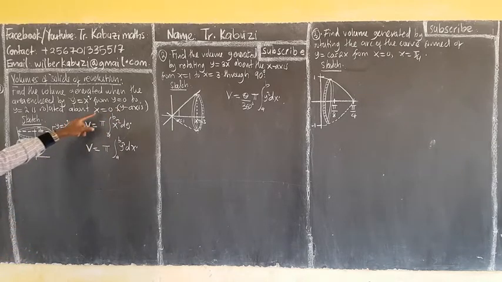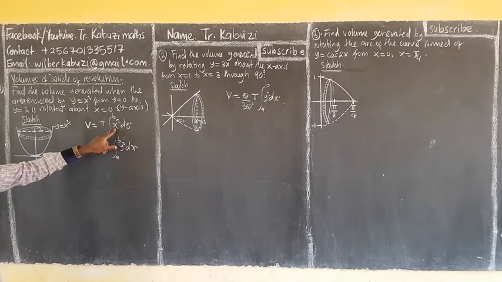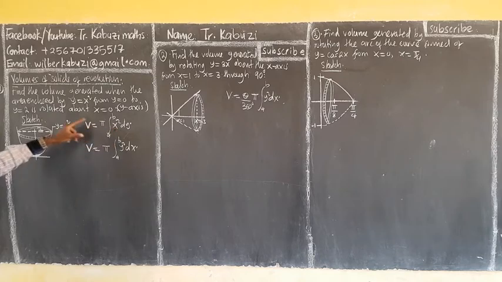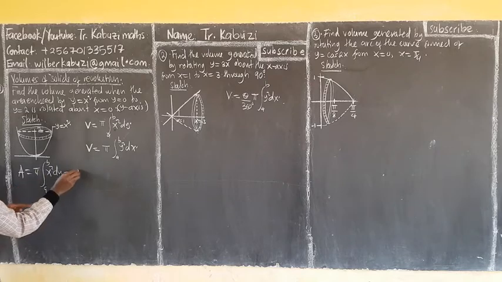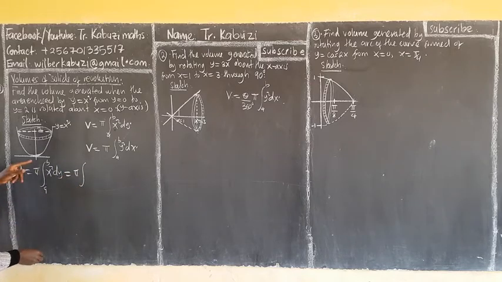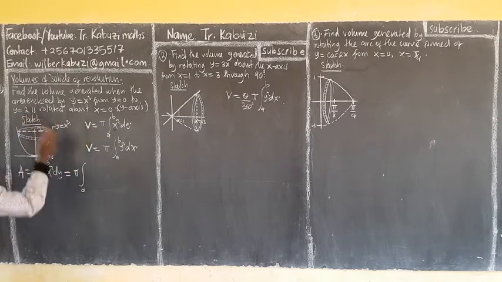Because they are rotating it about the y-axis, this is the formula we are going to use. We need x squared, so we use pi, the integral from a to b, now the y. This will be pi integral from y equal to 0, which is this line, y equal to 0, up to 2.